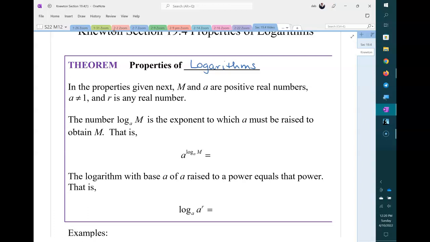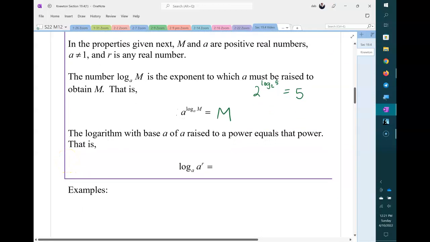So if you have a number, capital M, and you find its logarithm with base a, and then you take a to that power, well, a to the power of and log base a are inverse operations and undo each other. So the result is M. So if you have 2 to the power of log base 2 of 5, that's going to be 5. Those two operations are inverses and undo each other.